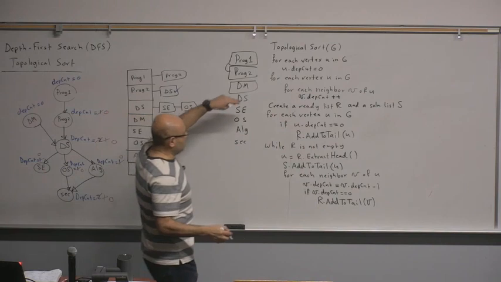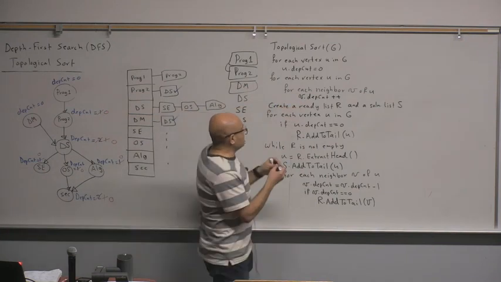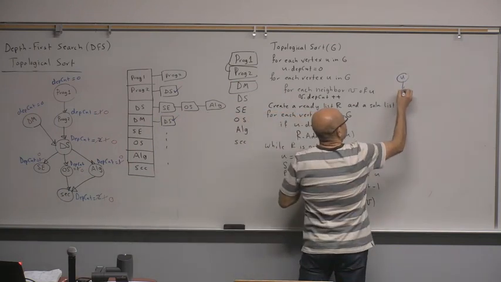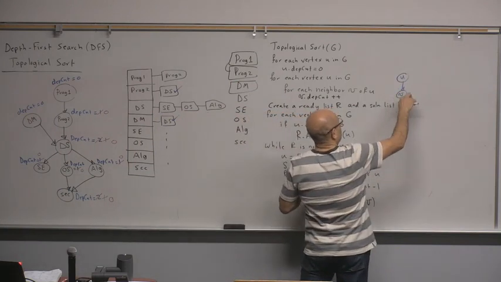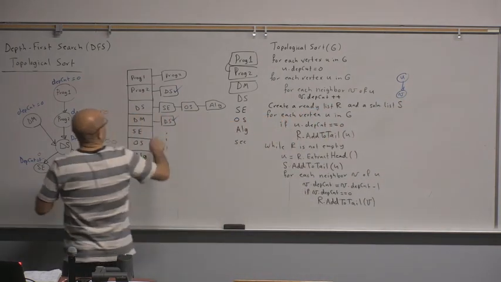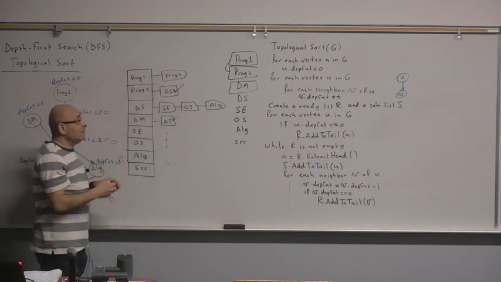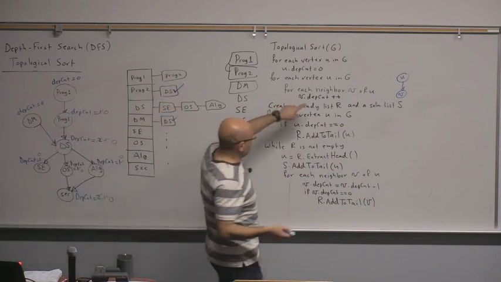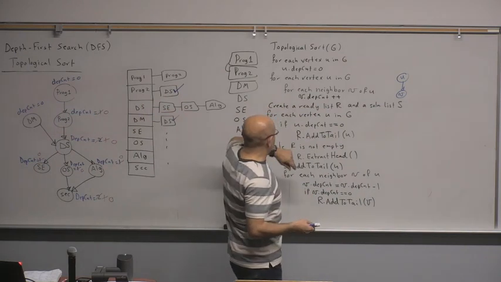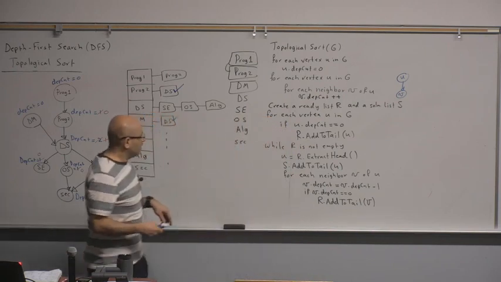We go through the adjacency lists and we increment. So this is an edge from U to V, right? So you have an edge like this from U to V, so you increment the depth count of V. So everything here is a V, right? So it's V dot depth count plus plus. Create a ready list for each vertex in G. If the dependence count is 0, add it to the ready list.